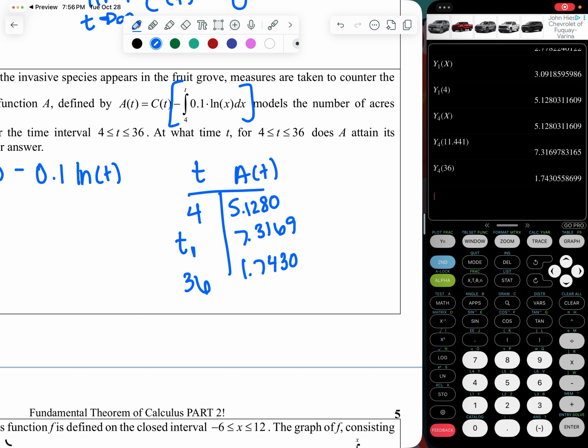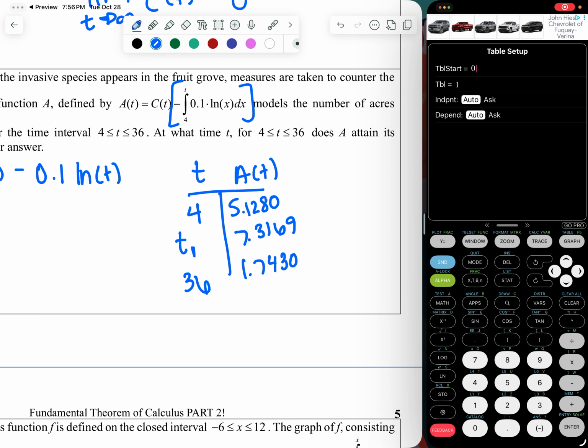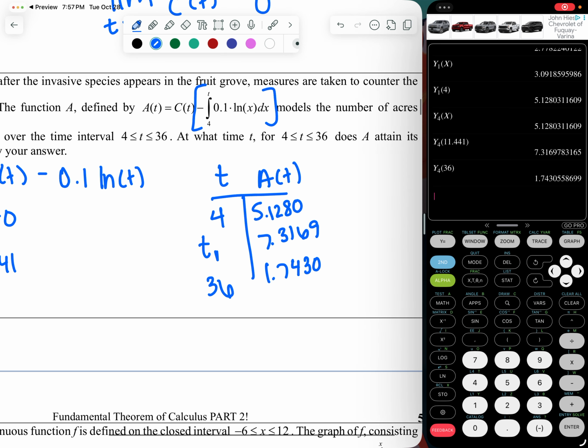Now, remember that another option for you to do this without typing all of that is using second window and then using independent for your table ask and then plugging in 4, T1, and 36. I think that would be a faster way for you to do that. But you do whatever you prefer.